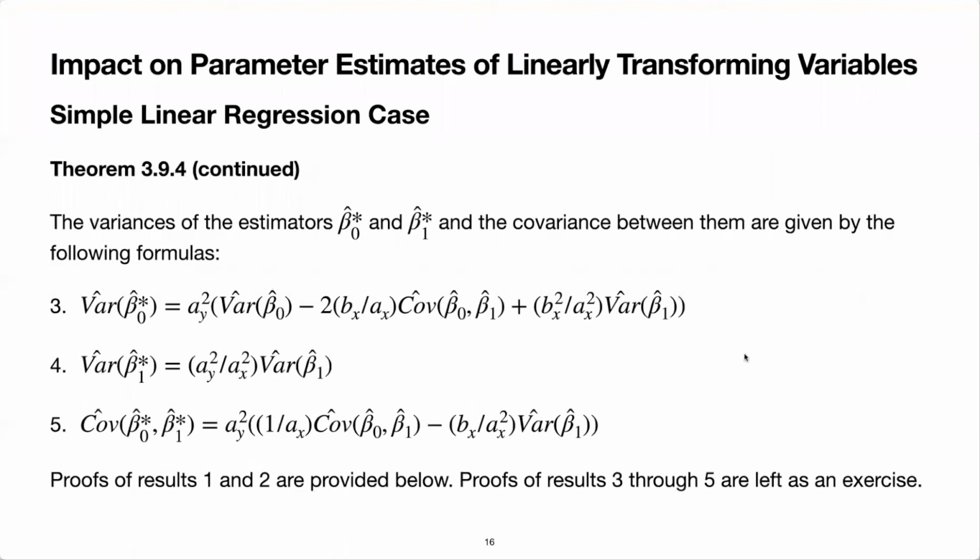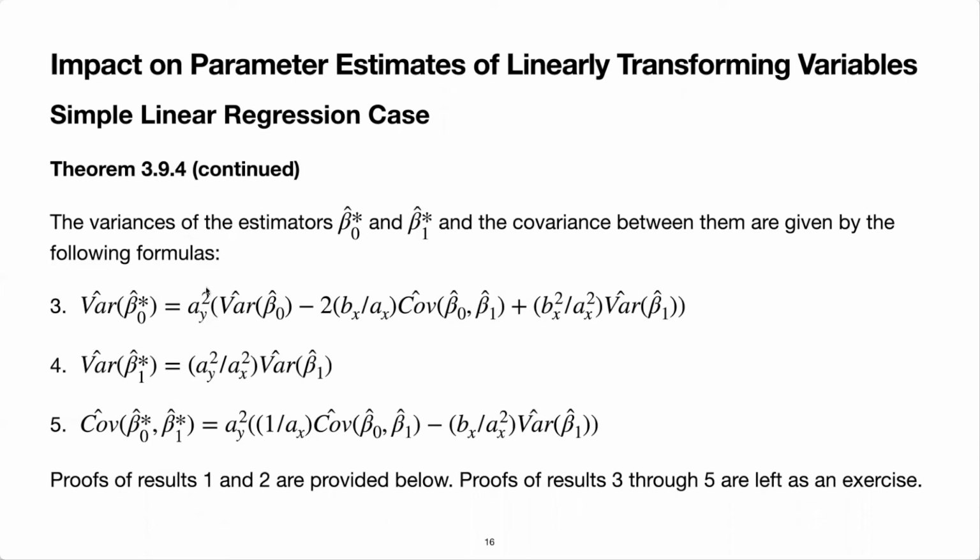Furthermore, the variances of the estimators, beta 0 star hat and beta 1 star hat, and the covariance between them are given by the following formulas, which are in terms of the variances of beta 0 hat and beta 1 hat, as well as their covariance. And so we see here that the estimated variance of beta 0 star hat is equal to the square of a sub y times the quantity in parentheses.